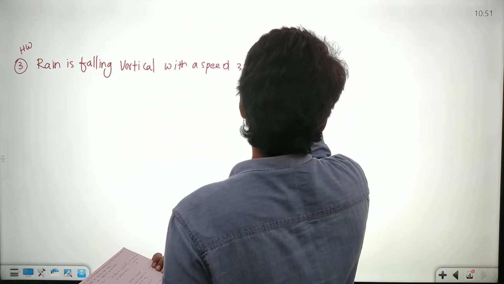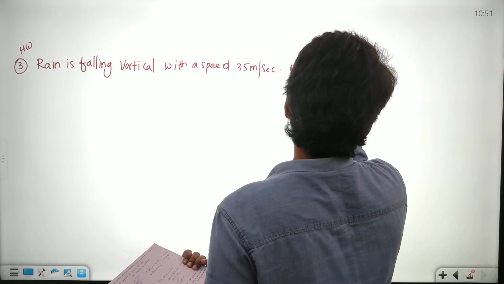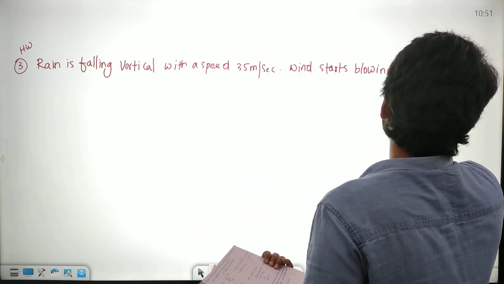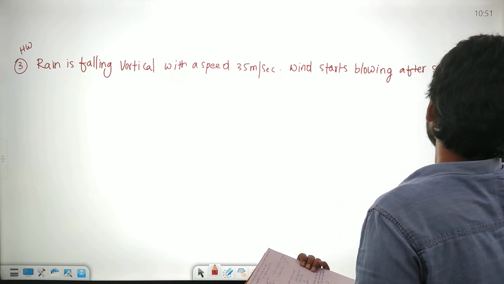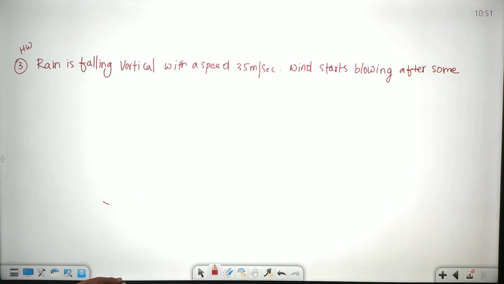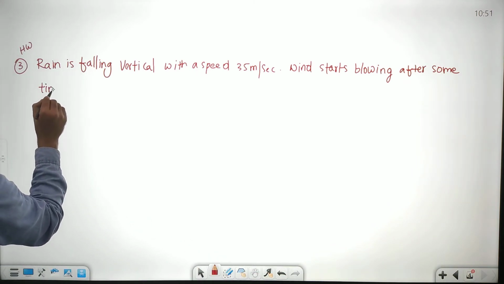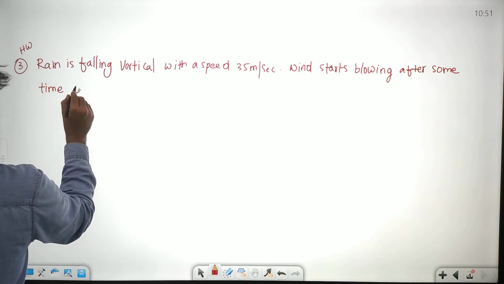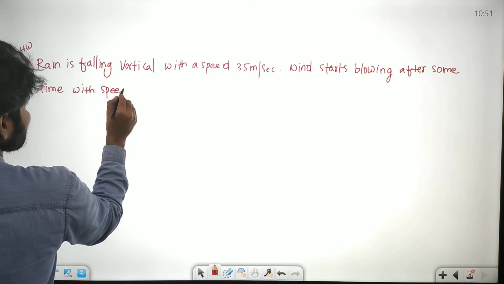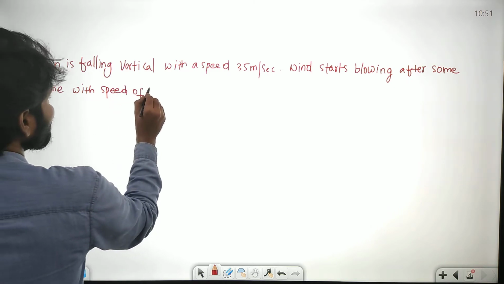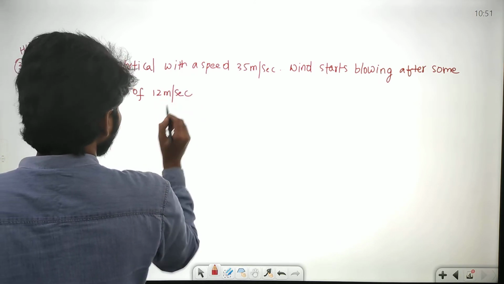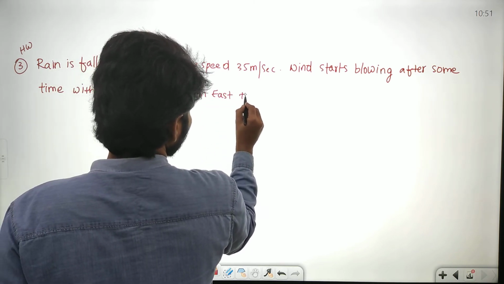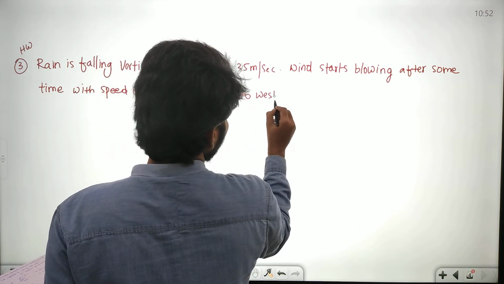Wind starts blowing after some time with a speed of 12 meters per second in east to west direction. See here, they give the direction.